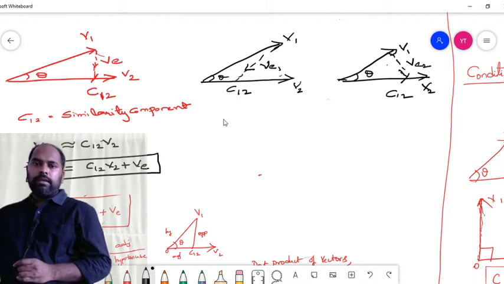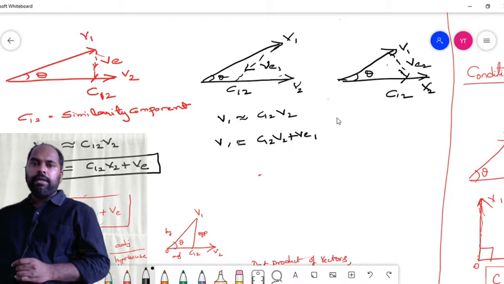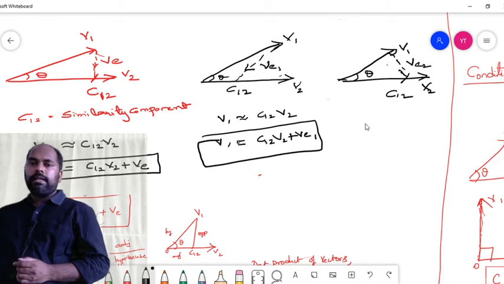Therefore V1 is approximately equal to C12 V2, whereas V1 is exactly equal to C12 V2 plus VE1. This is one way of representation, and this is another way of representation.